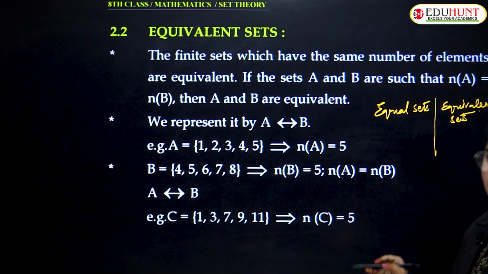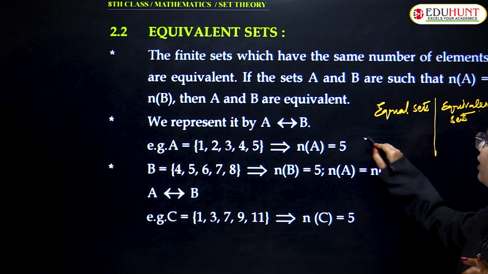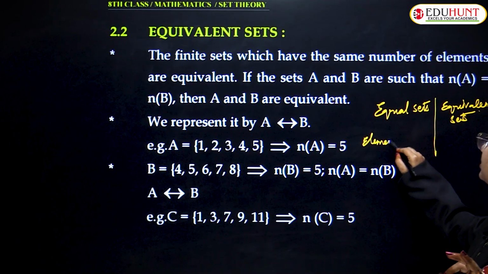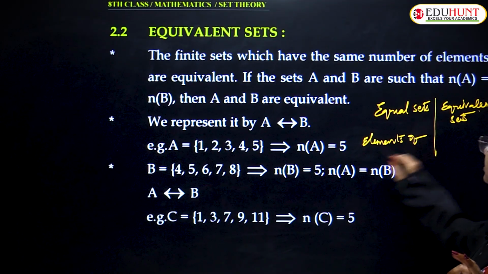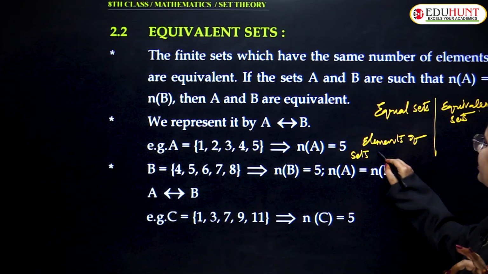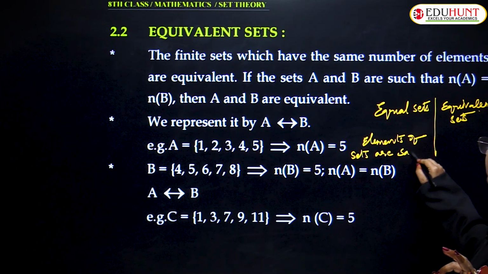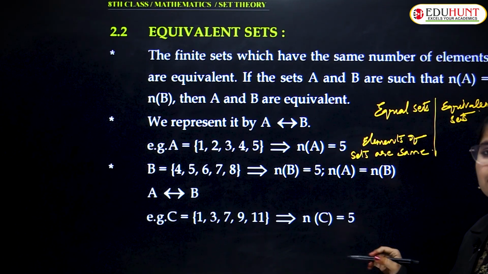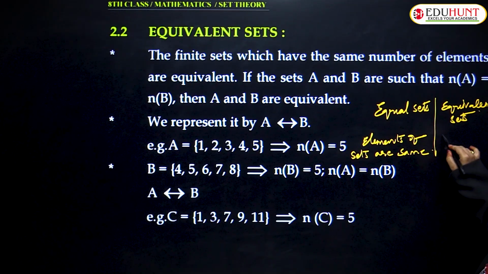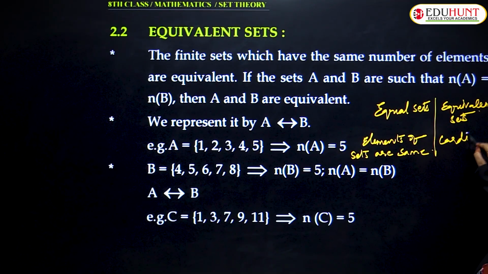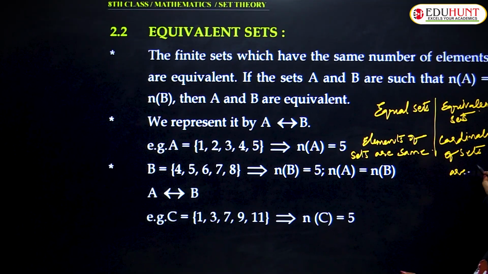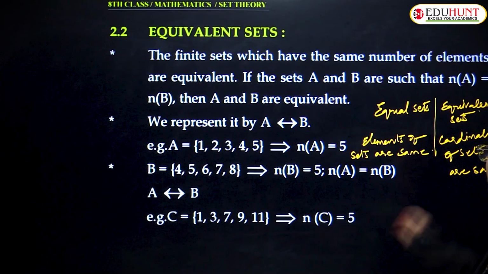In equal sets, the elements of the sets are the same, correct. Whereas in equivalent sets, the cardinality of the sets is the same.